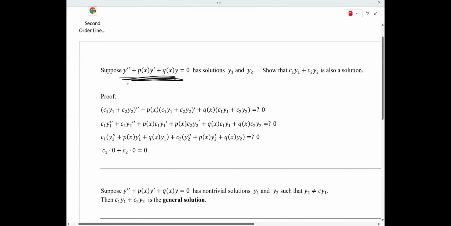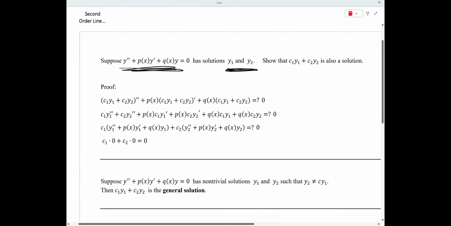Basically, for an equation like y double prime and then a function of x equals 0, suppose it has two solutions, like y1 and y2. It's also true then that the sum of these with constants in front is also a solution. So if I know one solution to the equation and a different solution, then if you add them together and put constants in front, that is also a solution.